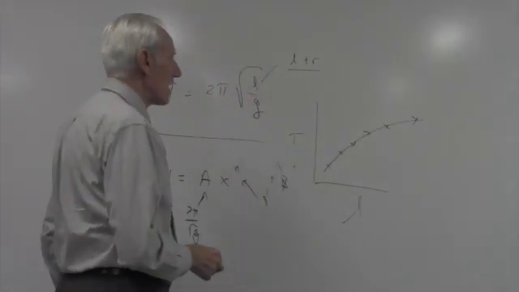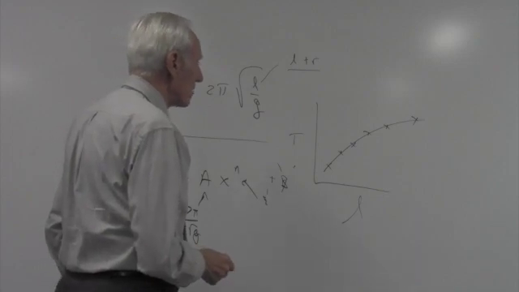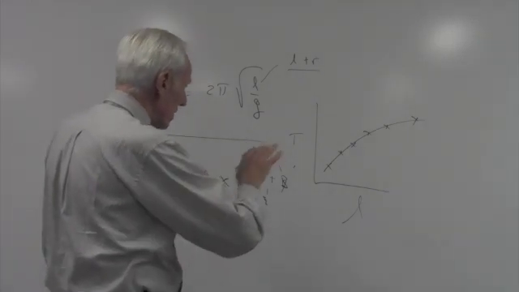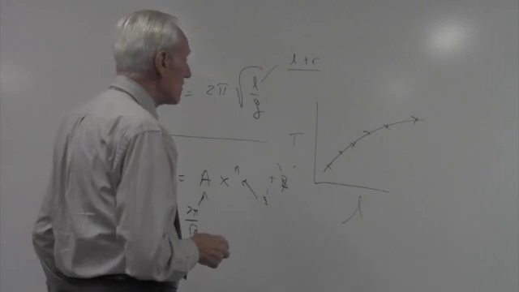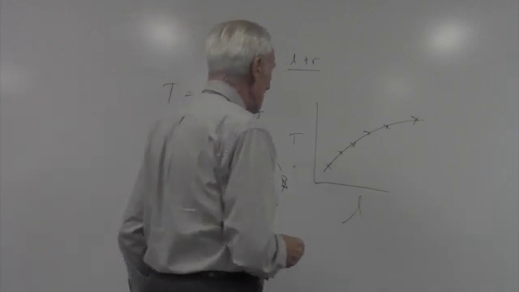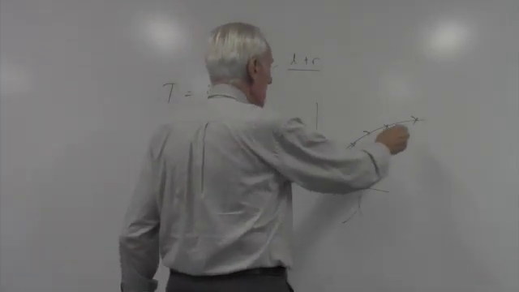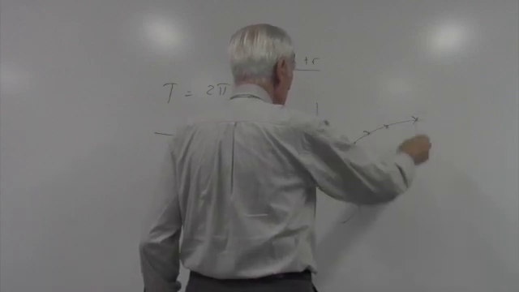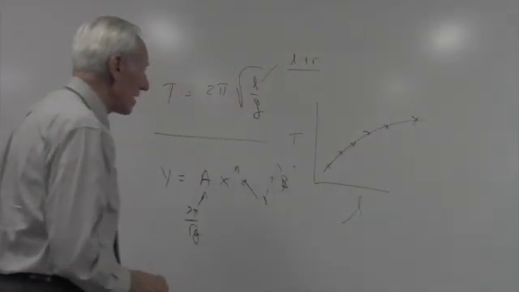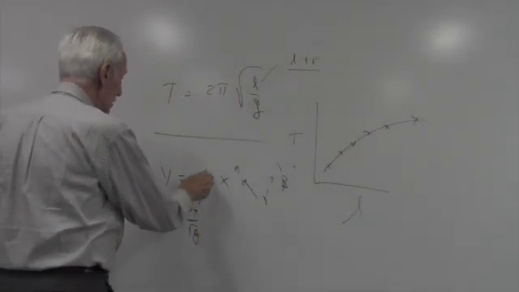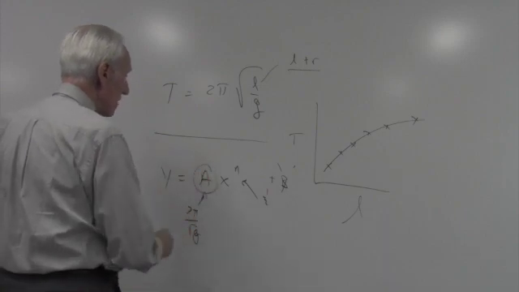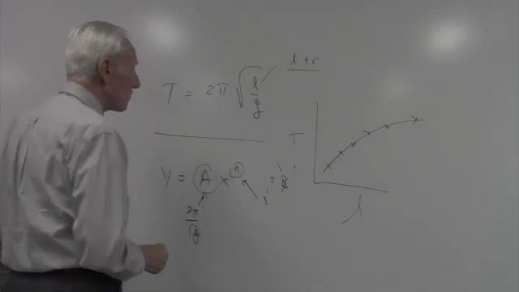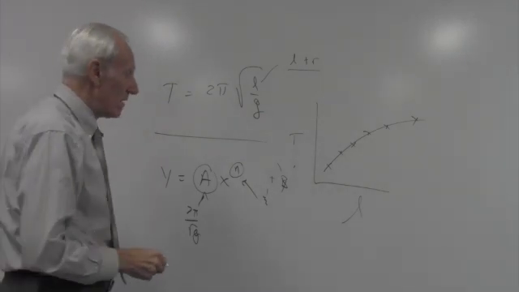It's obviously not a linear curve. So that's one difference. It's a major difference. The other major difference is we're going to then fit the data to the curve and compare the data, as we did from the first lab, to 2 pi over the square root of g and the exponent to 1/2.